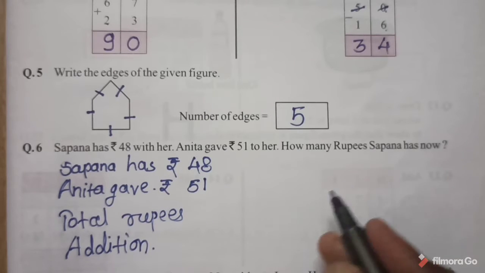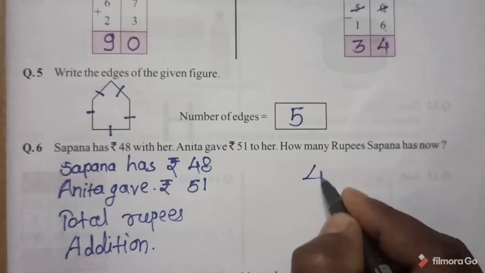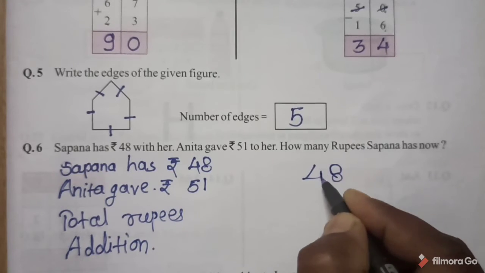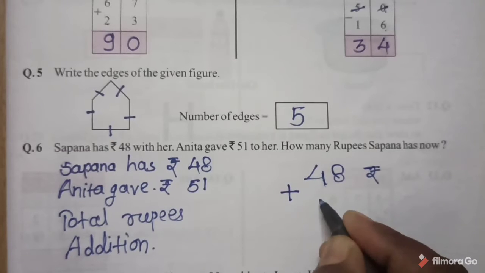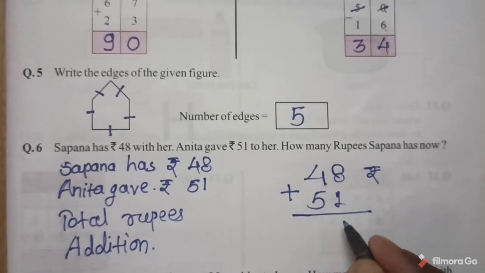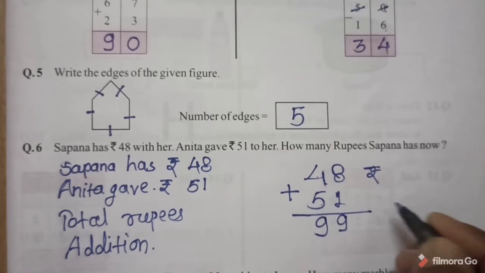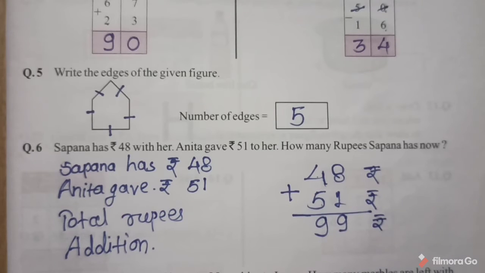Addition. We are going to write here 48 rupees, then plus 51. Okay, 8 plus 1, 9. 4 plus 5, 9. This also rupees and this also rupees.